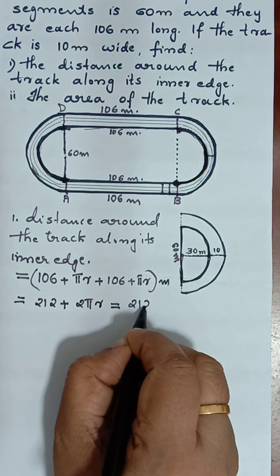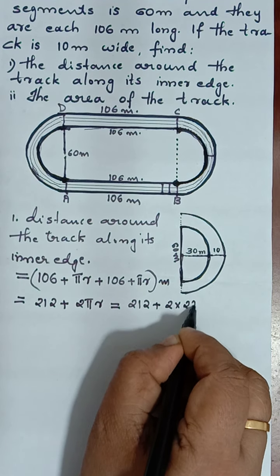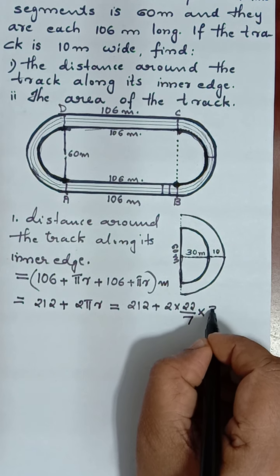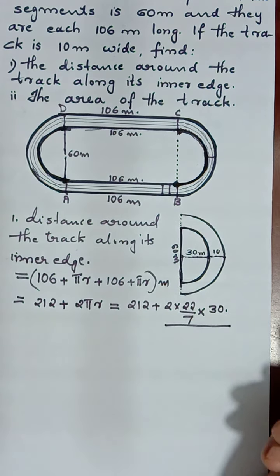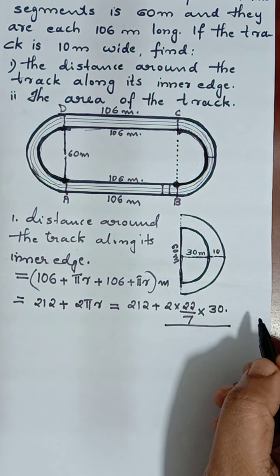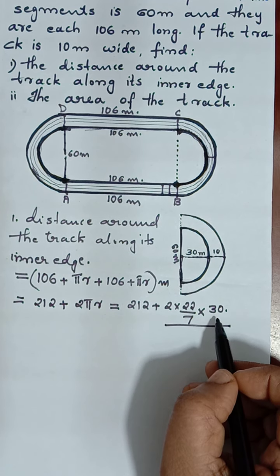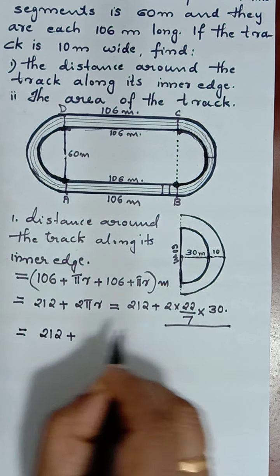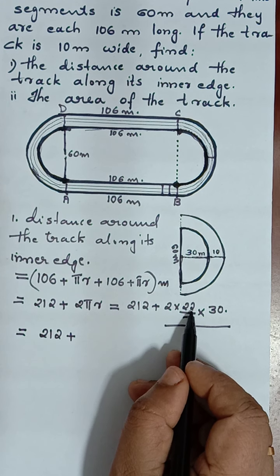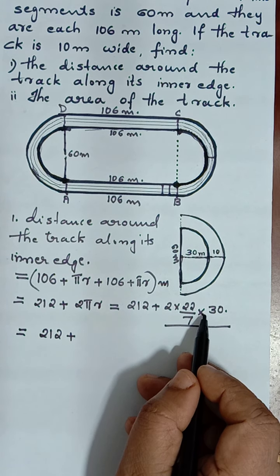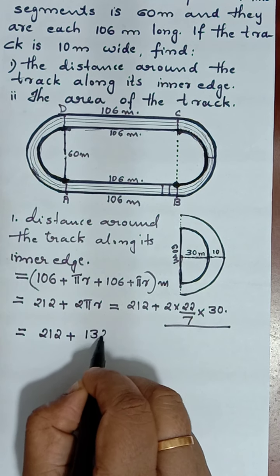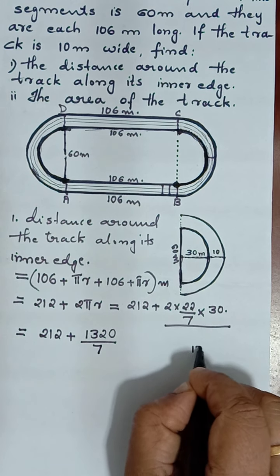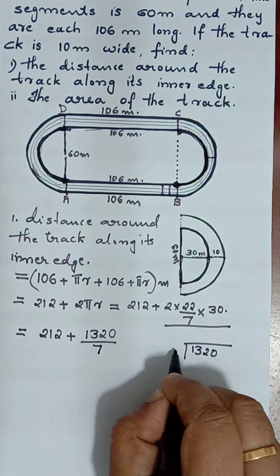So 212 plus 2 into 22 by 7 into radius, the inner radius is 30. So we have to multiply: 22 into 2 is 44, 44 into 3 is 132, so 1320 by 7. We have to divide 1320 by 7.